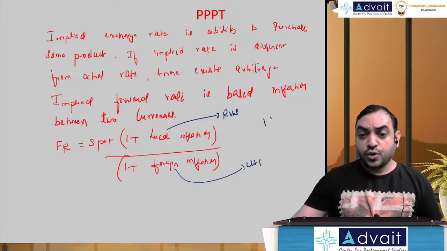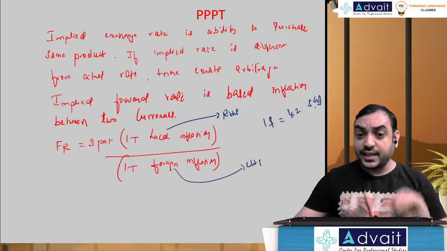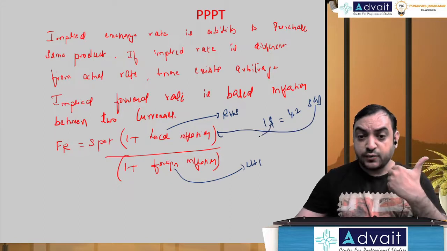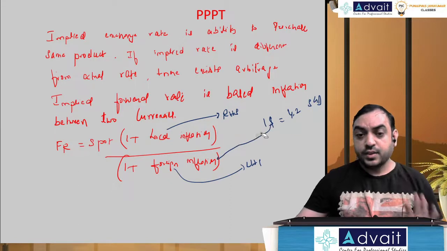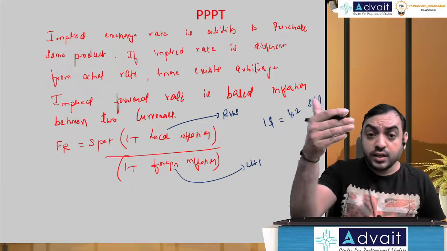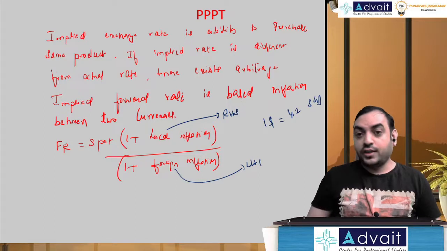So if I tell you $1 equals 4.2 Singapore dollars, the Singapore dollar, the right hand side, inflation will become local. The US dollar, the left hand side, will be in the denominator. Think like that. Basically it is compounded by local, discounted by foreign. Now mathematically think.